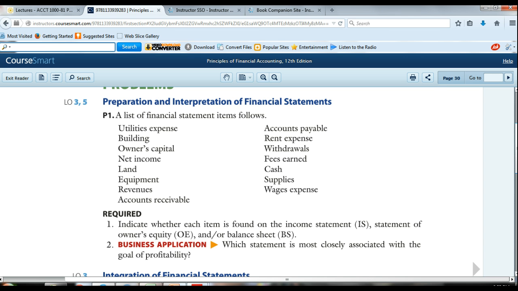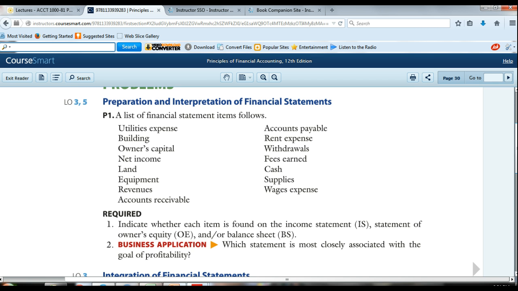I'm going to give you another hint. Let's talk about the kind of assets. Economic resources that will have a future benefit. We have cash. We have various receivables. We have buildings, equipment, land, furniture, and fixtures.